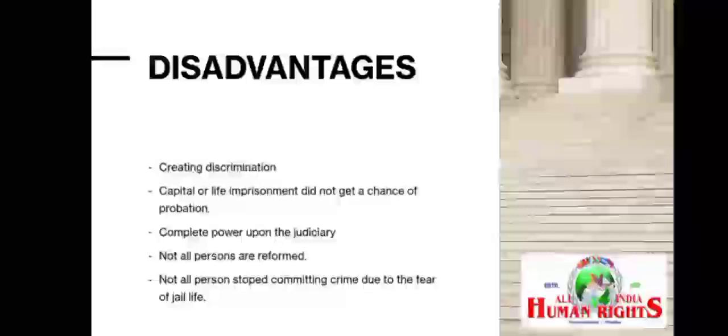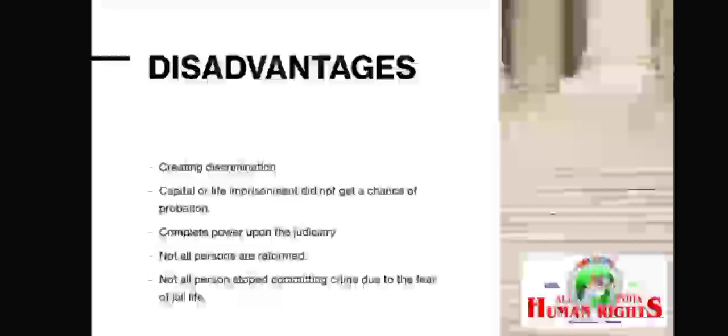As there are advantages, there will be disadvantages also. The main disadvantage is that it creates discrimination, because probation is given only to persons who committed a crime which is not punishable with life imprisonment or death. So they do not get the chance of probation.